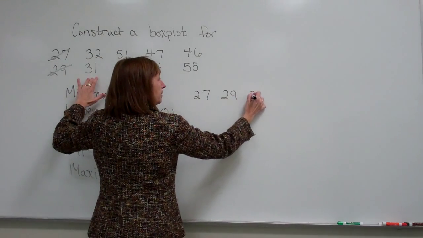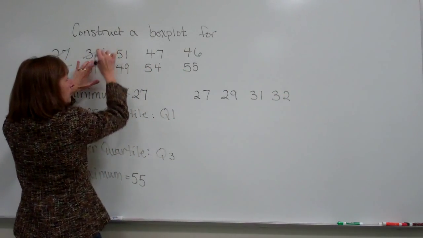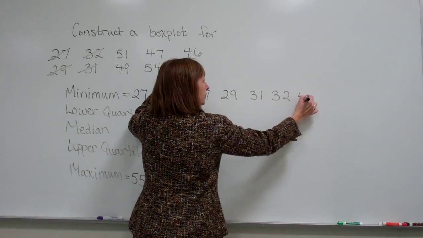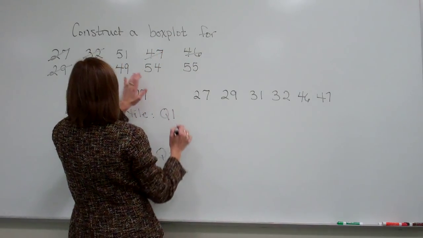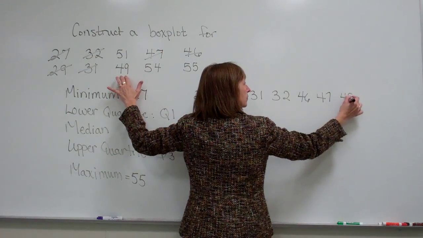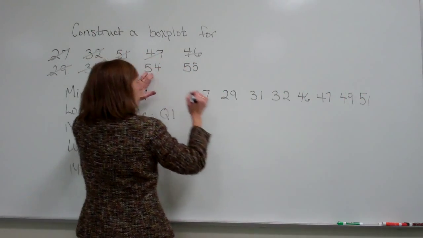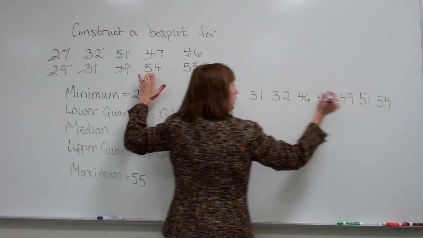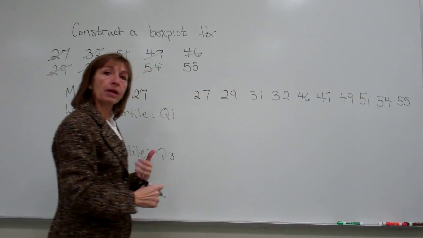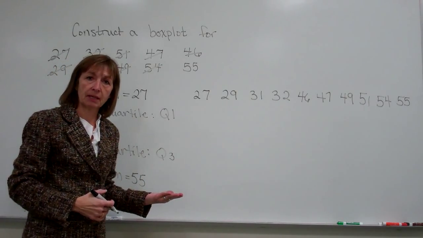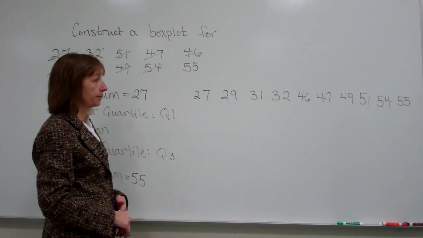Then we have a 31, 32, 46, 47, 49, 51, 54, and 55. Now another way of ordering your data would be possibly putting it into a stem and leaf diagram. That could order your data set a lot quicker as well, especially again if you have a larger data set.